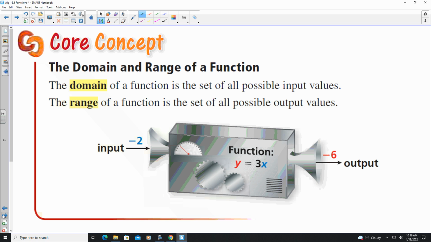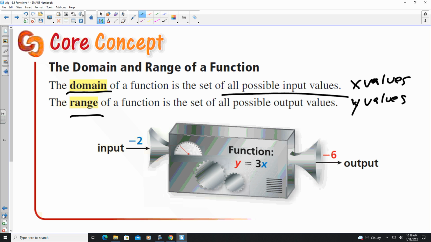Once you've established that a relation is a function, what is the domain and what is the range? Domain is the part of the function that talks about all of the possible input values, or the possible x values that are part of that function. The range is talking about all of the outputs, or all of the y values.